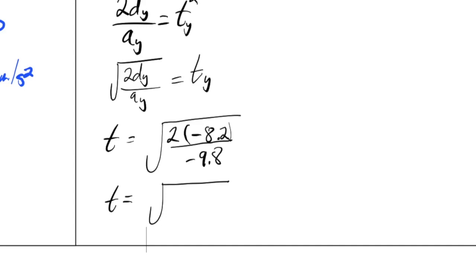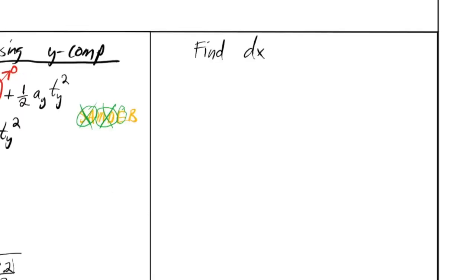That way we just have a little less rounding. All right, so our time is the square root of 16.4 over 9.8. I mean, you can calculate it, but it'll add rounding error. So it's just as easy to use this in the substitution in the next part. Now, technically it's plus or minus, but since time can't be negative, we just work with the positive. Now we're going to find dx.